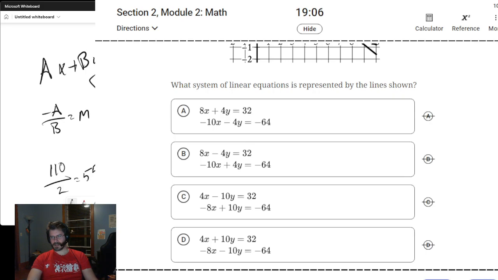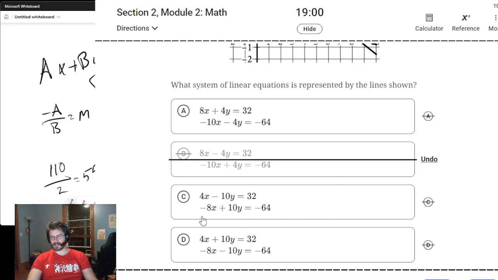So A could be it. That is not. We need a positive y-intercept as well. Let's see. Negative a over b, that gives me a positive slope. All right, these two give negative slopes for both expressions and positive y-intercepts for both expressions.